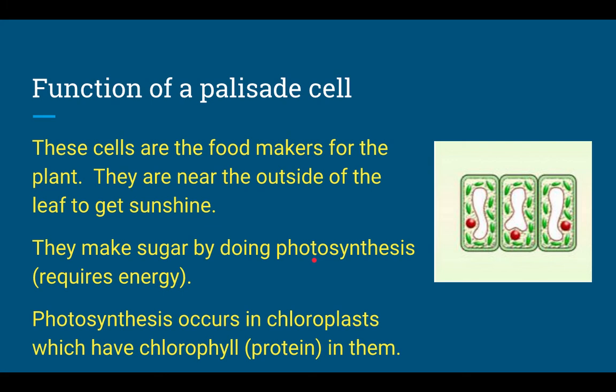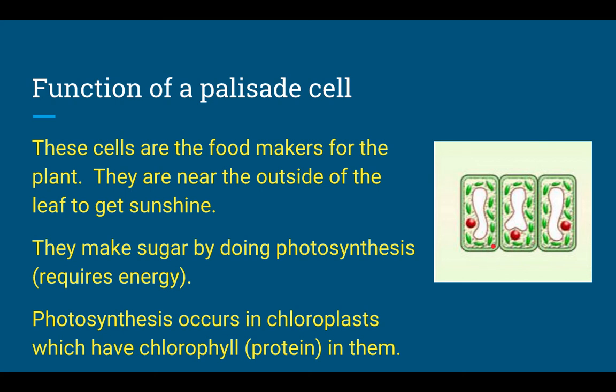So they use the sun's energy to make sugar, but they also do need some of the energy from the cell, which is also something I want you to think about. What might that mean is inside a Palisade cell if it needs energy in order to do this photosynthesis? Also, photosynthesis occurs in chloroplasts.